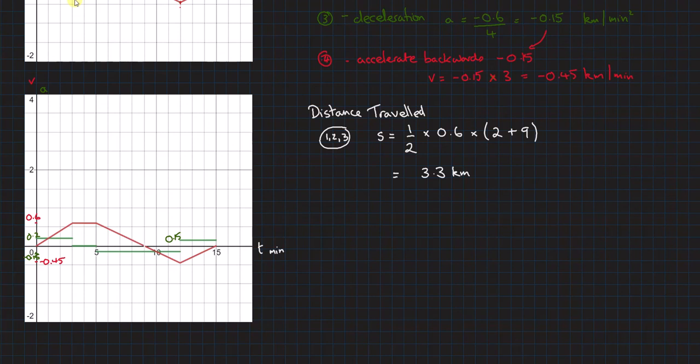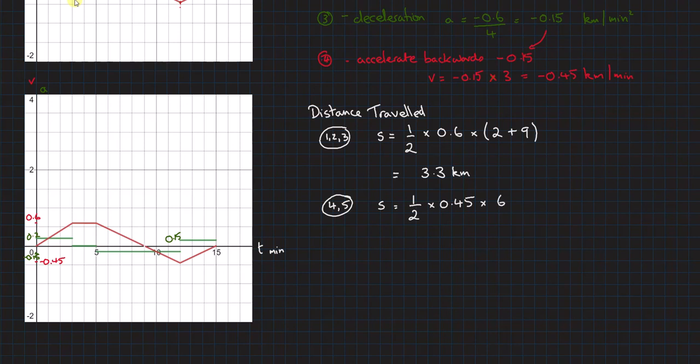Second section, the 4 and the 5, as you could use a trapezium rule with a 0, but it's a triangle. So what's the area under the velocity graph? We now know this is minus 0.45, and the time it took was 6.